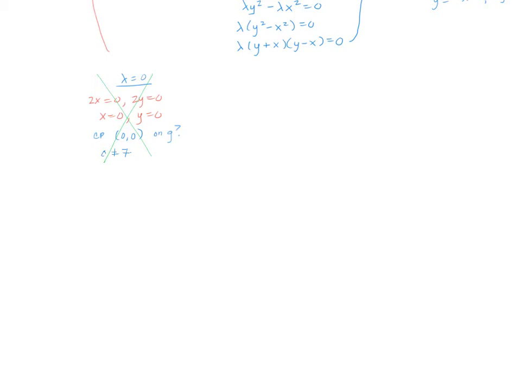Let's go to y equal to negative x. Again, there's infinitely many solutions, so we can plug in this y value. Why don't we use the constraint equation? If we put in negative x for y, then we'll have one equation with one variable.